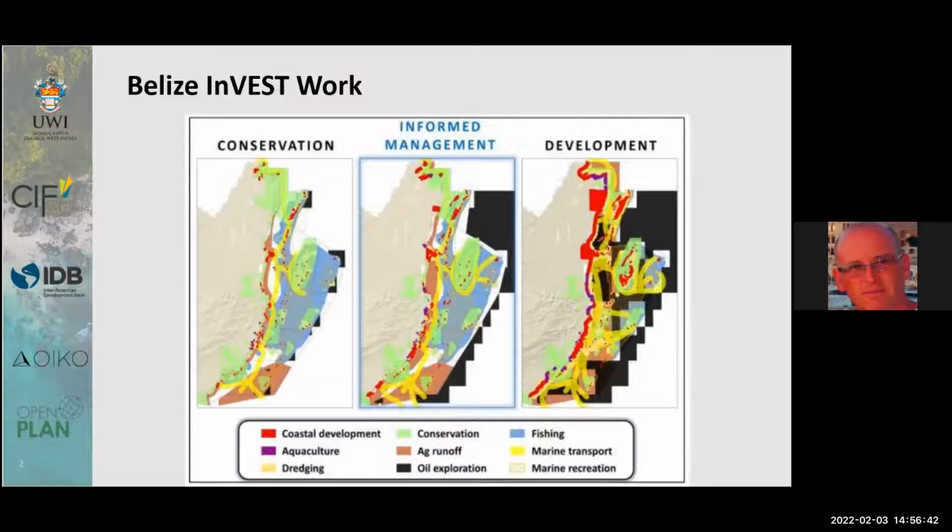As on the left-hand side, you can see that there was an all-green scenario, which was looking at a best practice conservation approach. The middle approach was, I'll move to the right-hand side, the development scenario, which was making the economic drivers the priority for Belize.